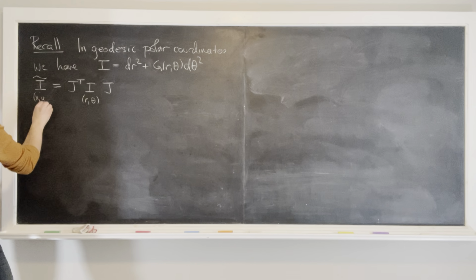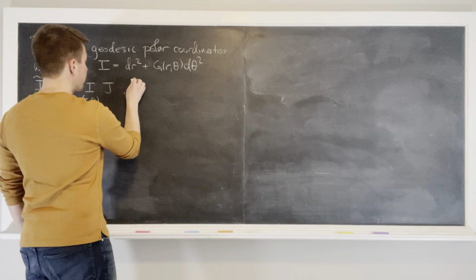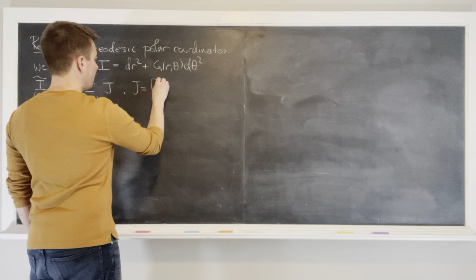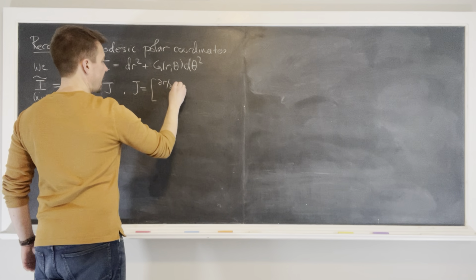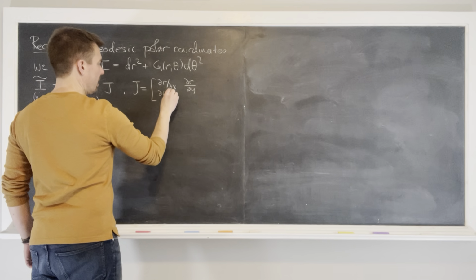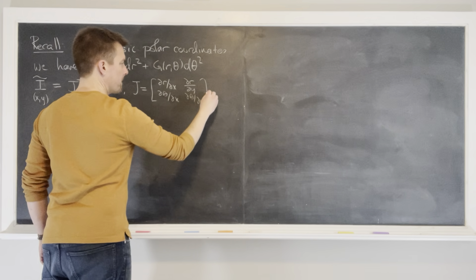These coordinates over here are going to be xy coordinates. And then what's the Jacobian? The Jacobian is going to be dr dx, dr dy, d theta dx, d theta dy.